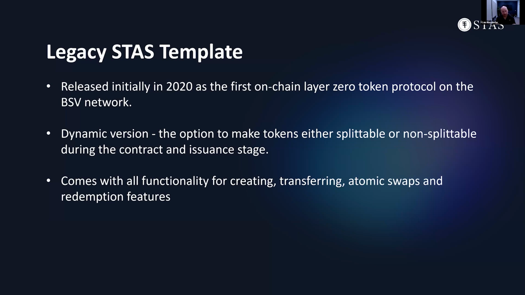The flags is basically a 00 or a 01, true or false. Set to true, it's splittable, and set to false, it's not splittable. That's one feature it has, and it comes with all the general functionality of the other tokens, such as transferring, atomic swaps, redemptions, all of that.